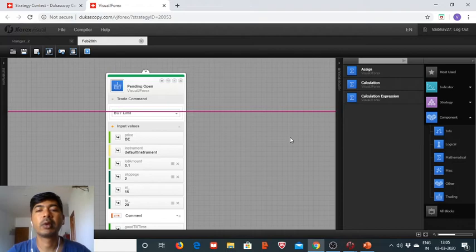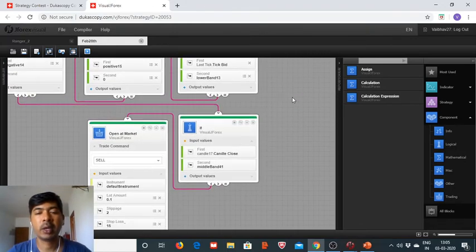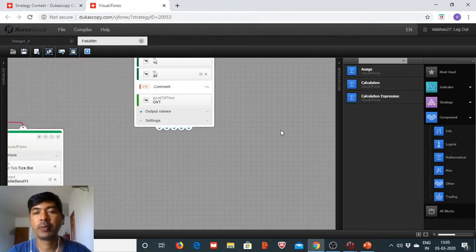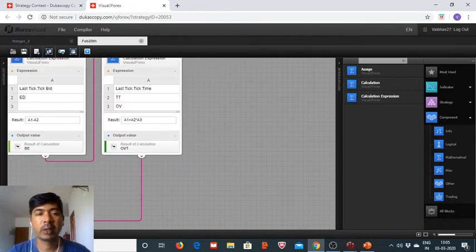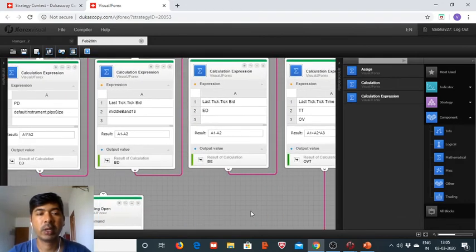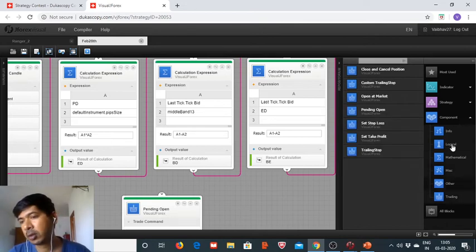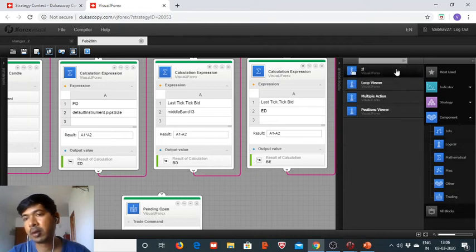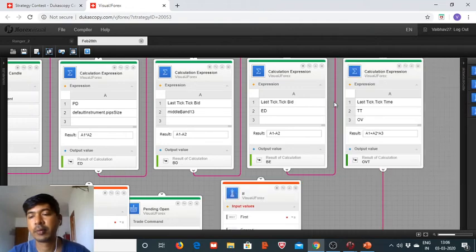What we have done so far is add the 4-hourly EMA, and now we will need to make sure that the calculations we have done so far are right. Let me take another look, and then we will bring in the logical if blocks. Here is the if block. We might need 2 or 3 blocks.